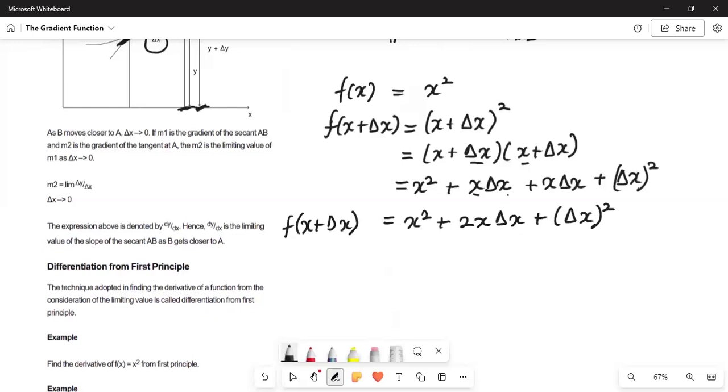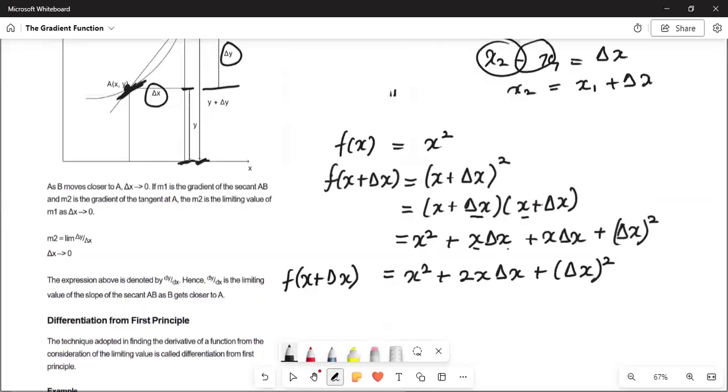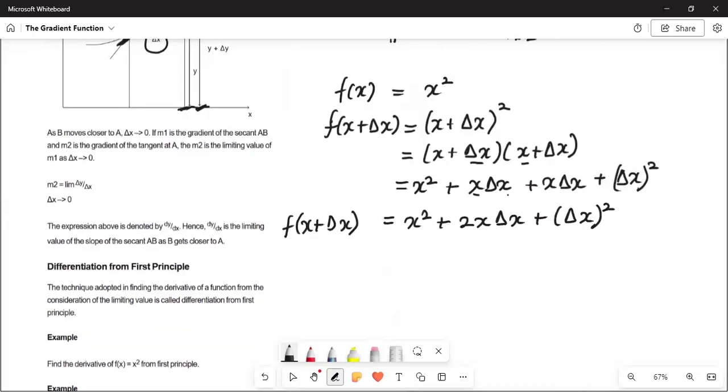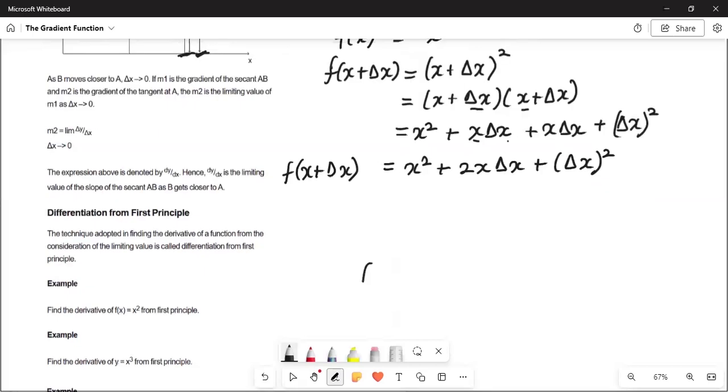Now, recall I said earlier that whenever you are taking derivative from first principle, your goal is to try and express the derivative of that function in this form: f of x plus delta x minus f of x divided by delta x. So we are trying to arrive at this and then take the limit.